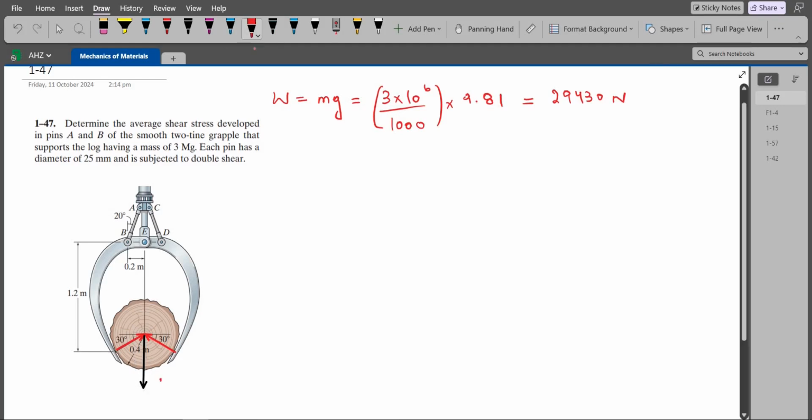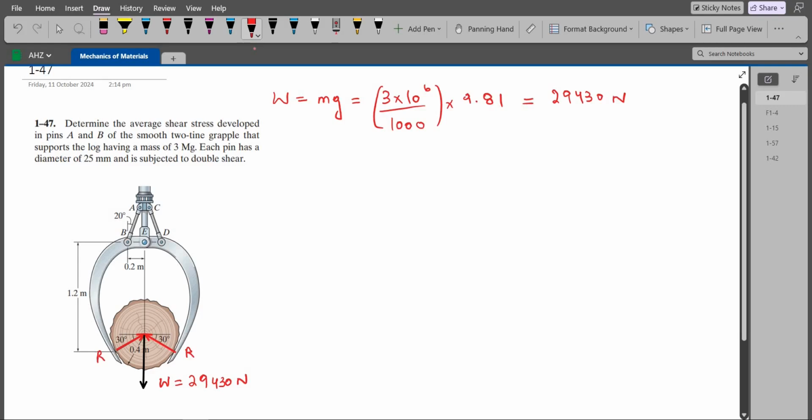So let's label them. This right here is the weight of the log, which we have calculated as 29,430 newtons. This is the normal reaction R, and since the grapple is symmetrical and the log is also symmetrical, the other normal reaction is also the same, so R.